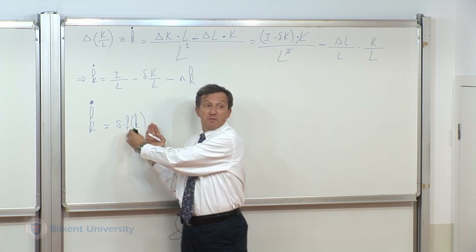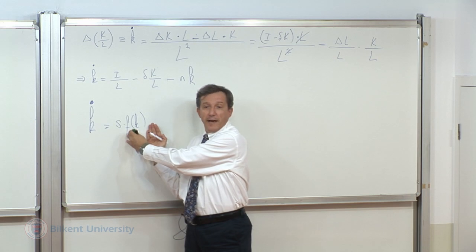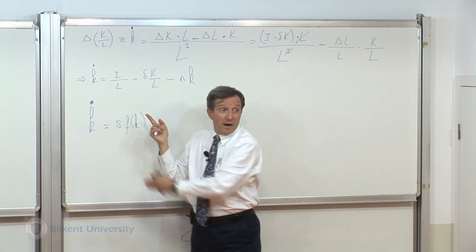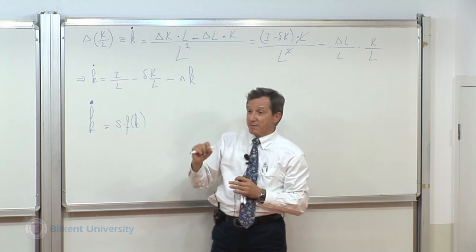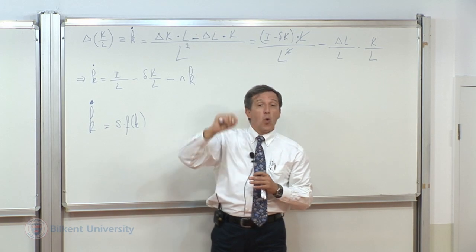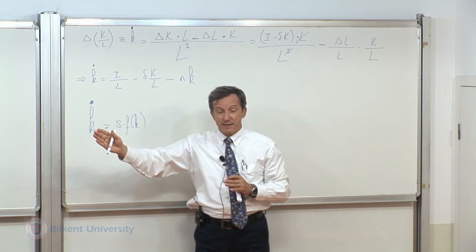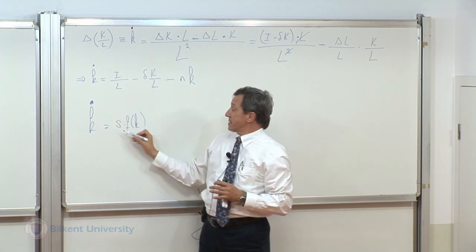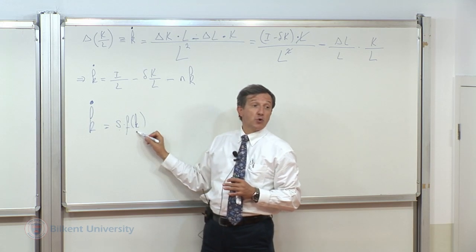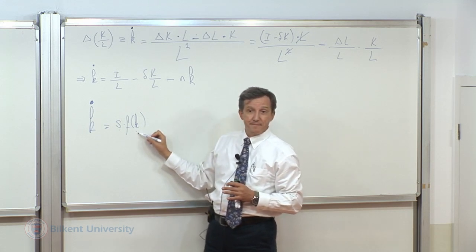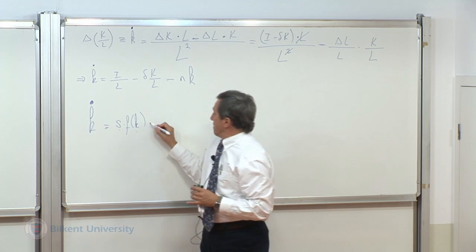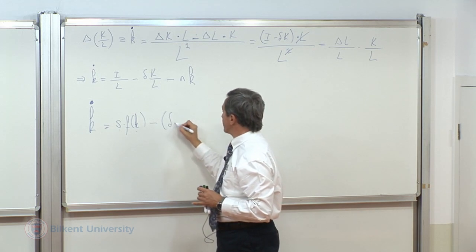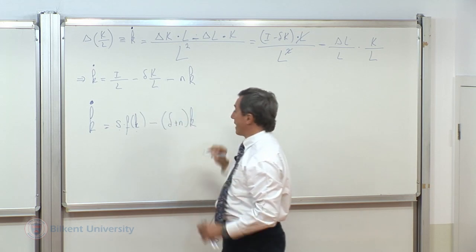S times output per labor is savings per labor. And by making this equality, I am invoking the neoclassical assumption that in this economy, whatever is saved is automatically invested. And whatever is saved is saving rate times output per labor in functional form, minus delta k over L, which is little k, so I am just putting delta plus n times k.